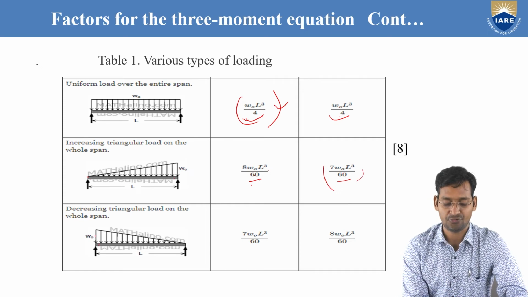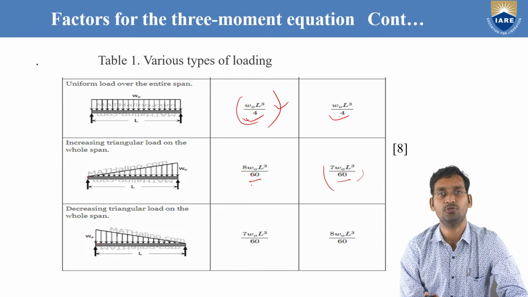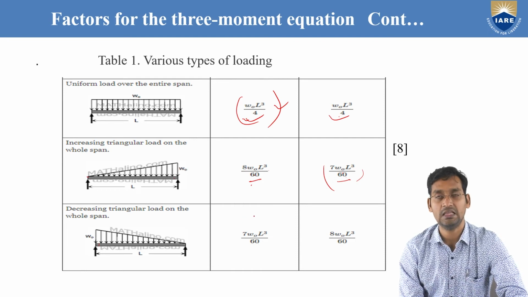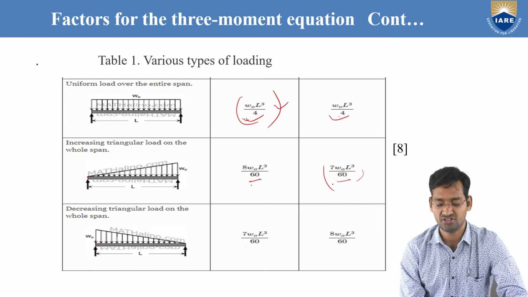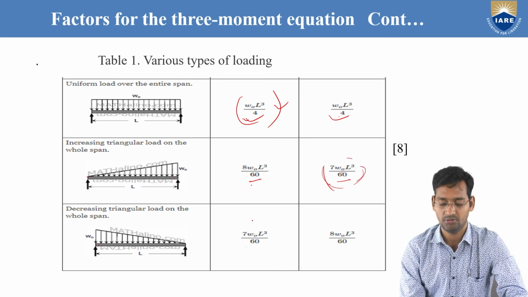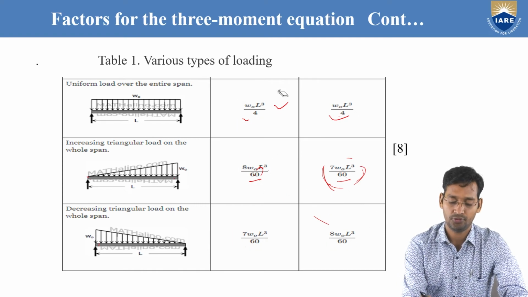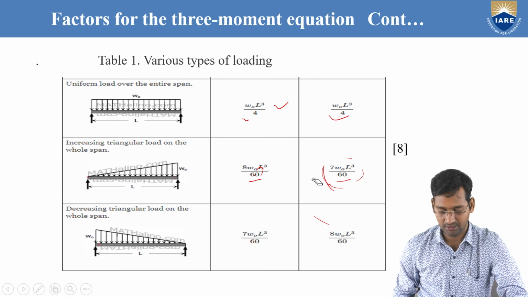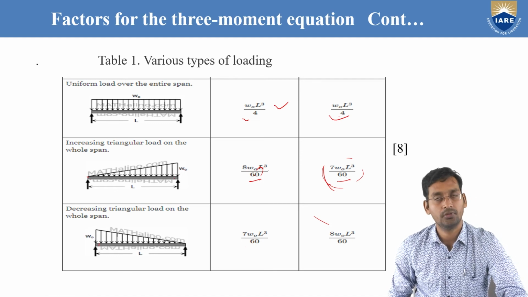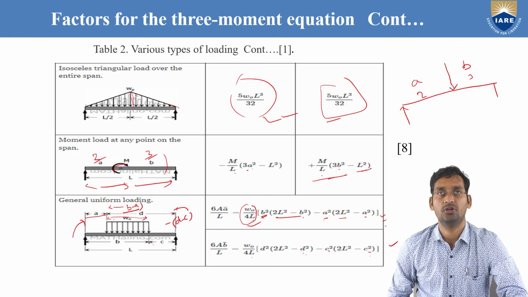Then if it is decreasing from left to right, meaning increasing from right to left, it is just the reverse of this. So this will be this one and this will be this one. Okay, so this is for the uniformly varying load from left to right or right to left.